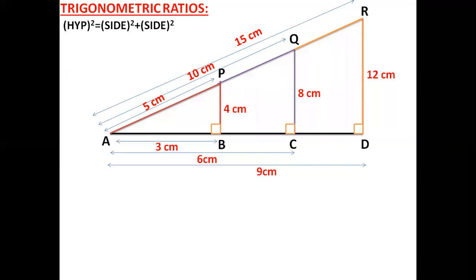Right. Here I'm taking an angle A. This is a common angle to all right angle triangles: triangle ABP, triangle ACQ, triangle ADR.